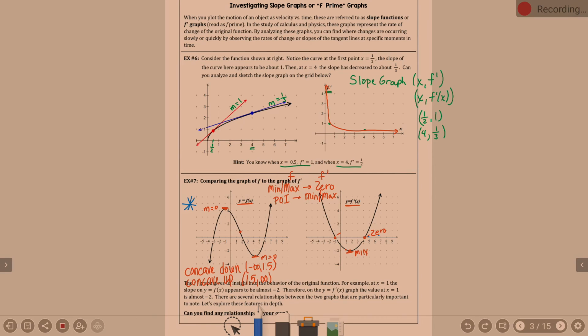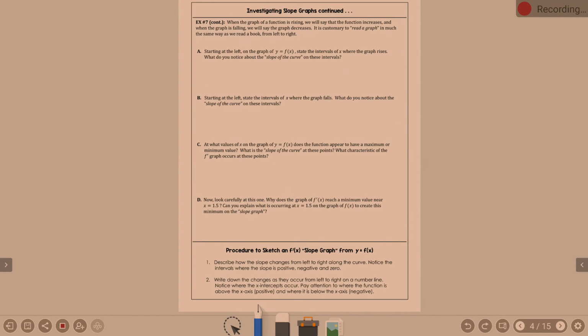So I have mine written as, f of x increases on negative infinity to negative 1 and 4.2 to infinity. Slope of graph is positive.